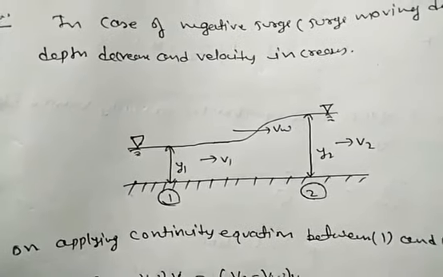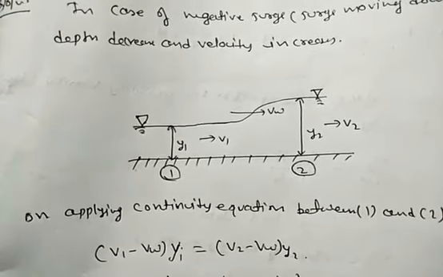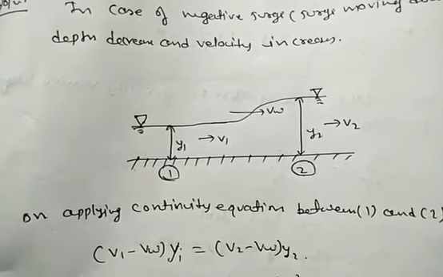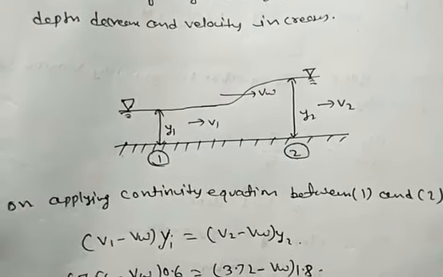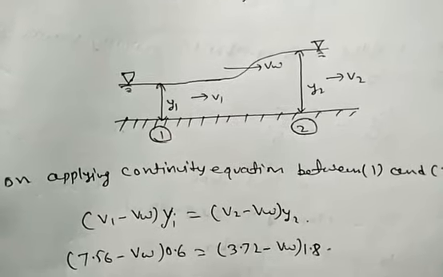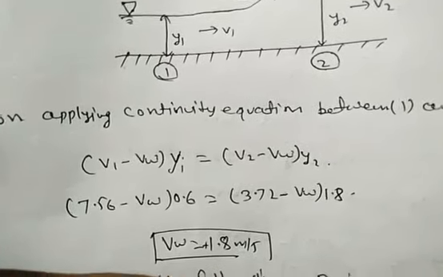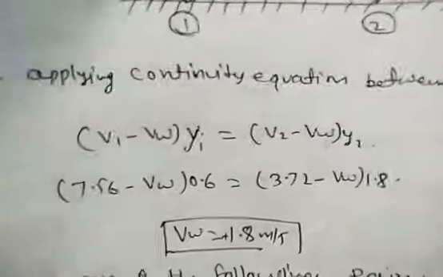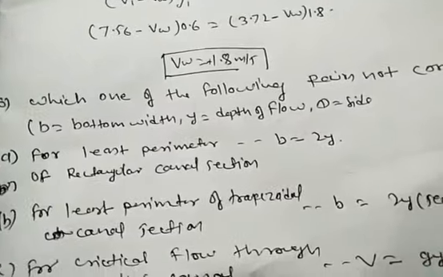On applying the continuity equation between sections 1 and 2, (v1 minus vw) y1 equals (v2 minus vw) y2. Put the values in this equation and solve, and the answer is vw equal to 1.8 meter per second.